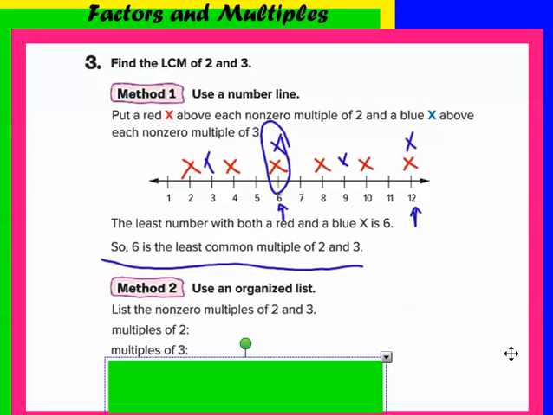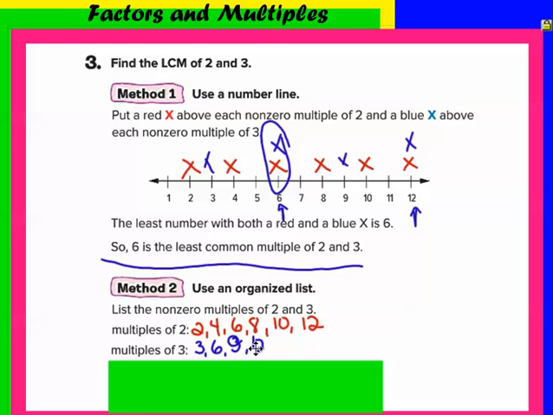I can do the same type of thing with lists. I can list out multiples of 2. So I'm going to do this in order. 2 times 1 is 2, 2 times 2 is 4, 2 times 3 is 6, 2 times 4 is 8, times 5 is 10, 2 times 6 is 12, and then I'll do the same thing for 3. 3 times 1, 3 times 2, 3 times 3 is 9, 3 times 4 is 12.